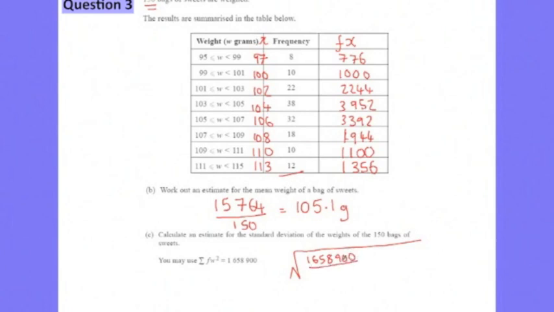So we take the sum of fw, or x, it doesn't matter, squared, and we divide by how many? We have 150. And then we subtract our sum of fx squared, or fw, if you kept in the same notation, divided by 150, the mean squared. Putting all that into your calculator will give a standard deviation of 3.8.